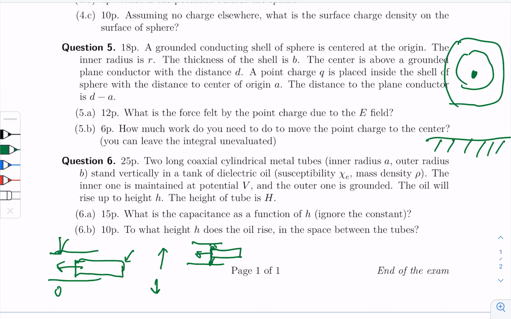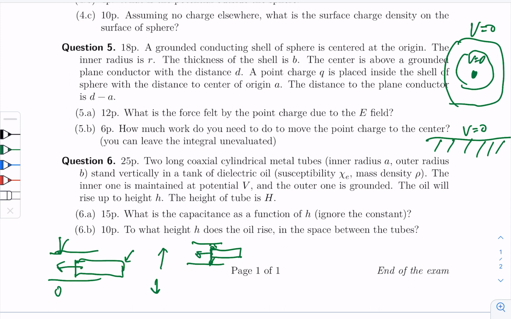It's already given that V equals 0 at the two shells, and V equals 0 at this plane. So you should know that by the uniqueness theorem, this region should all have potential 0, and outside also has potential 0, right?